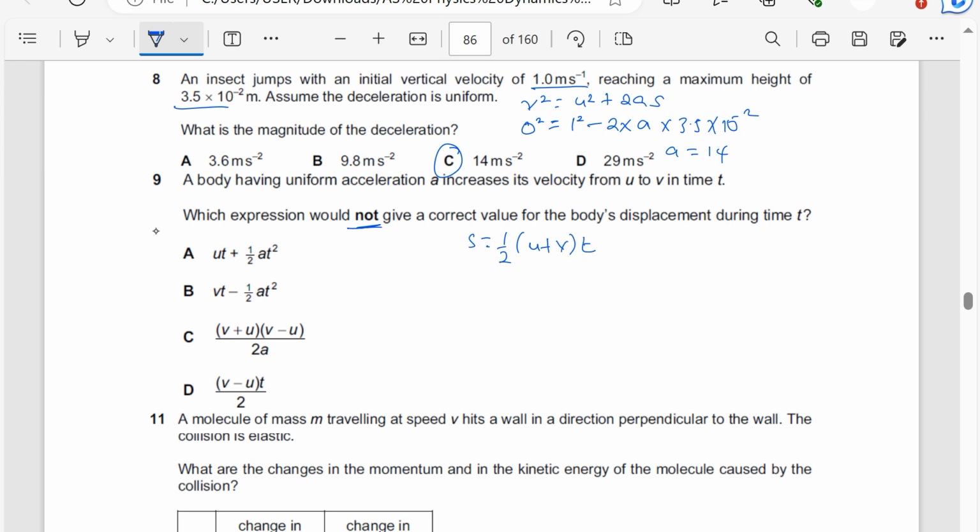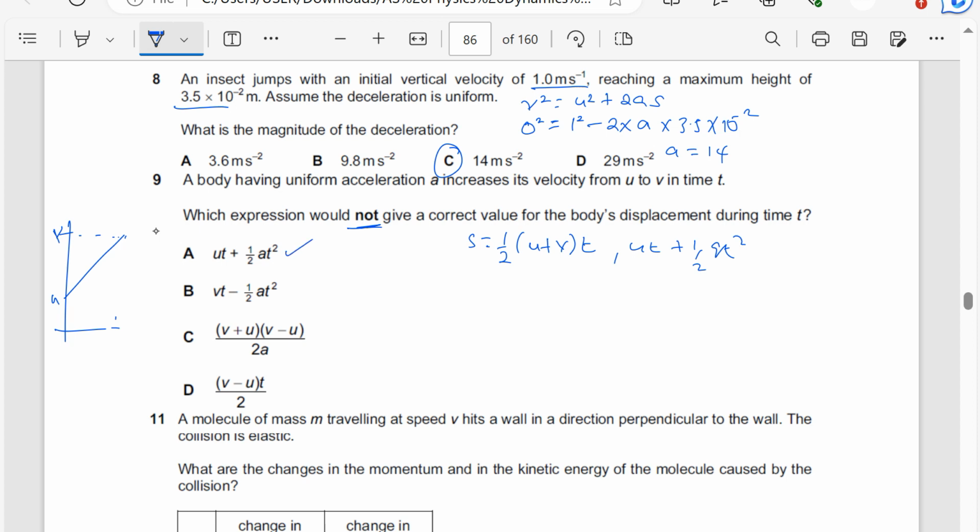Since it is uniform acceleration, it is going to be a straight line. So the average velocity is a half into u plus v, that is u plus v divided by 2, and then times time. We don't have this equation here. The other one could be s equals ut plus a half at squared. That equation can give displacement.